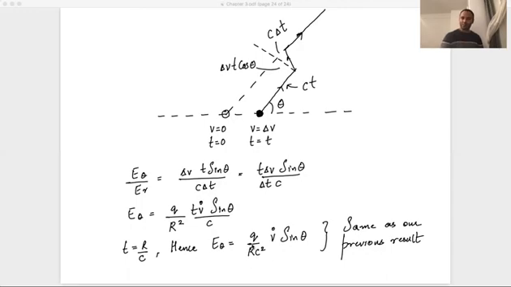Unlike the radial component, which goes as 1 over r squared, the tangential component goes as 1 over r, and those are the radiated fields of a charge. So that's the physical picture you should have for why accelerated charges radiate energy.